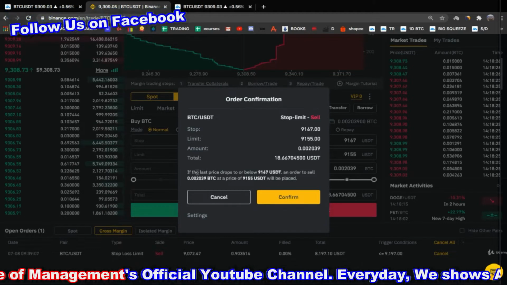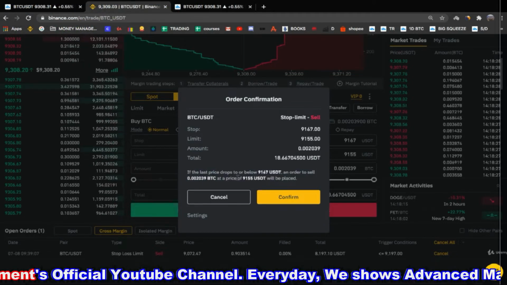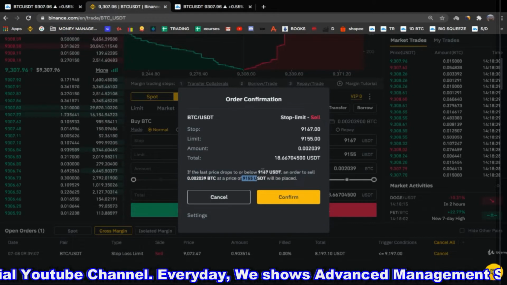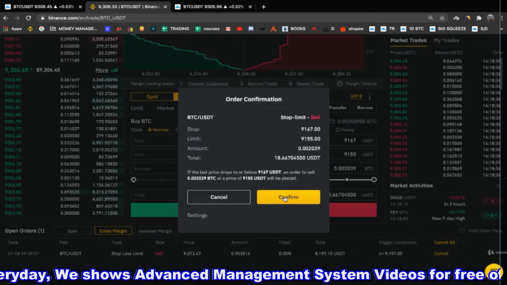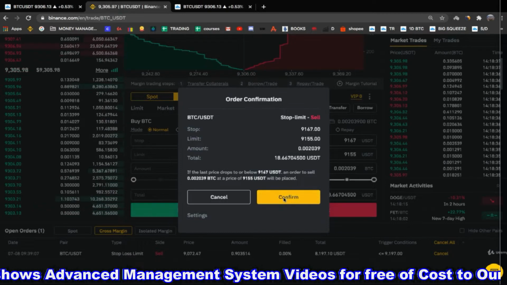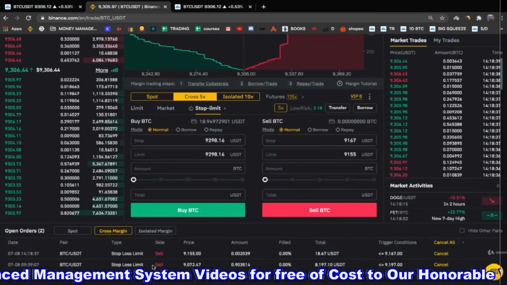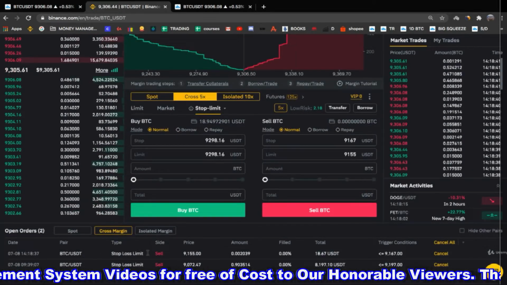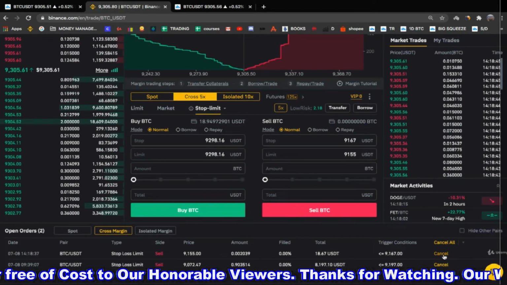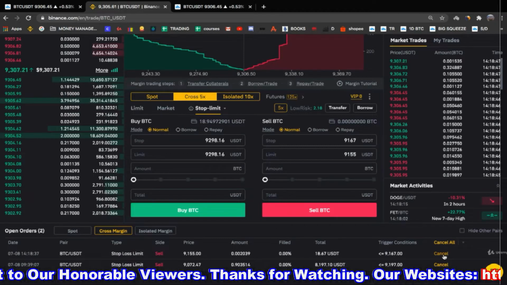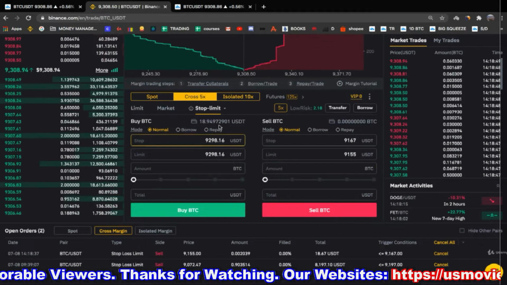This is basically what you are doing with this order. And when this price is lower than this one, it's just making sure that you are going to exit, right? Even if it's dumped down. So now here is your order, and if this happens, you are going to exit. You don't have to watch the charts all the time. This is the simple stop loss.